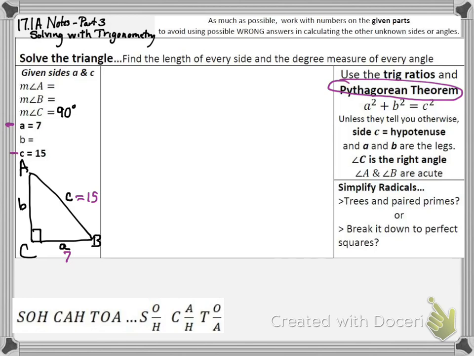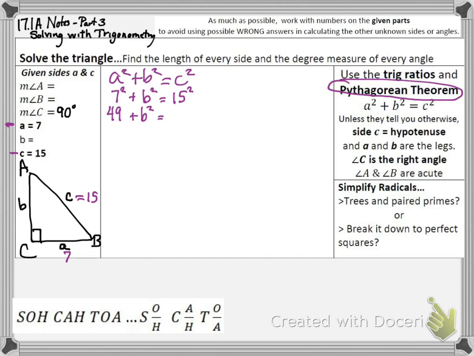So let's find the missing side first, because the Pythagorean theorem is a thing that's easy for most of us. The Pythagorean theorem says a squared plus b squared equals c squared. In this case, my a was 7. I don't know my b. And my c was 15. Okay. So 7 squared is 49.